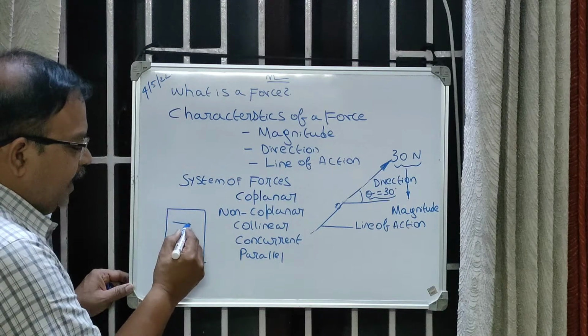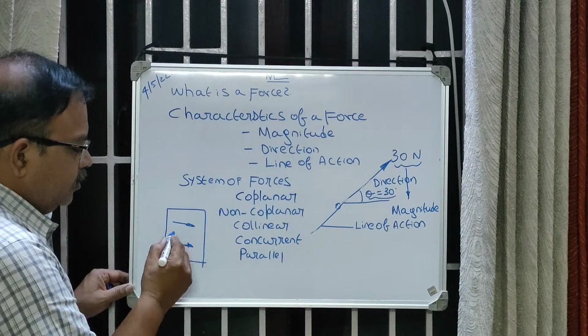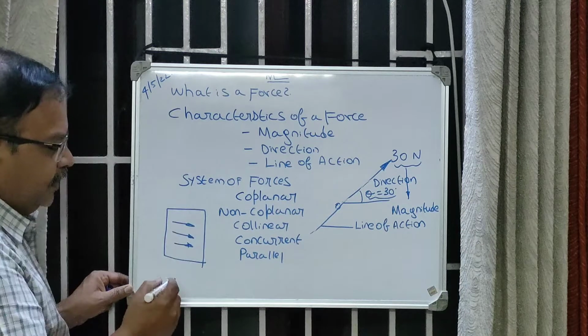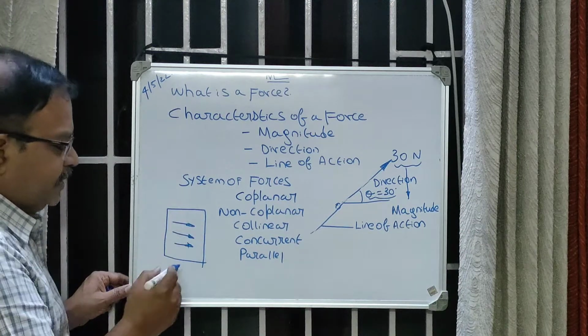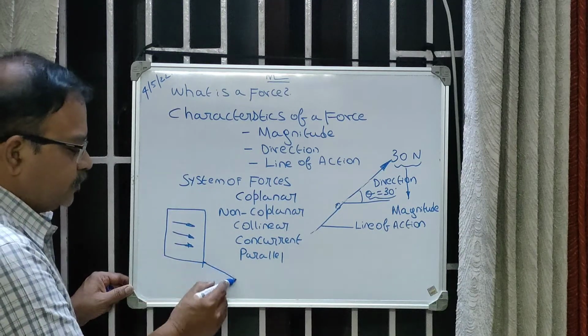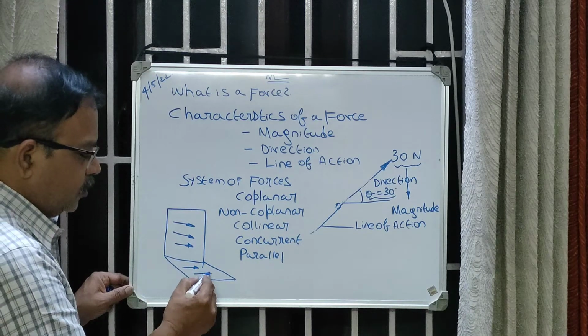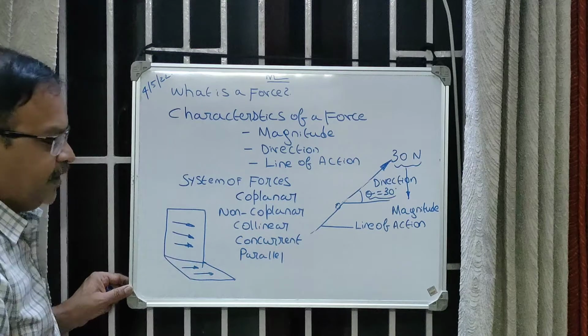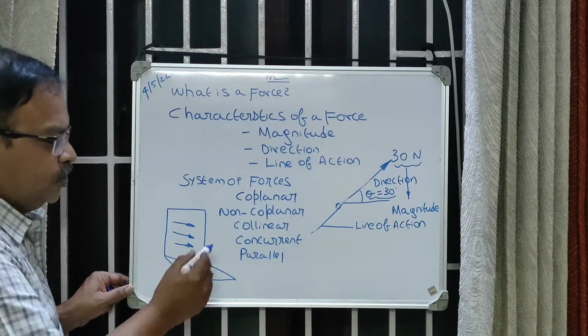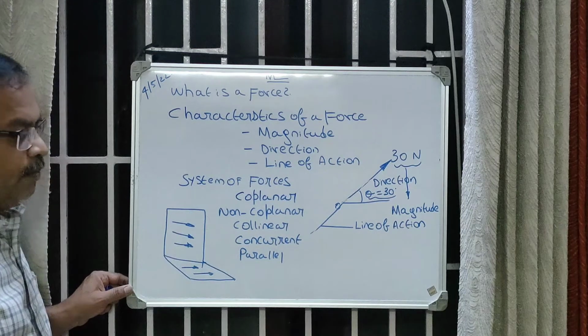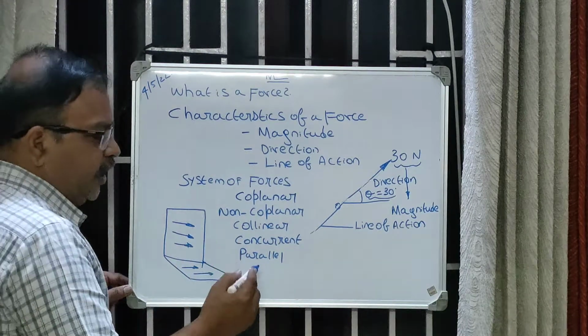So here in this diagram, we can see there are three forces acting in the same plane. So this represents a coplanar force. When the forces are acting like this, so here the forces are acting in two different planes, so they constitute a non-coplanar force.